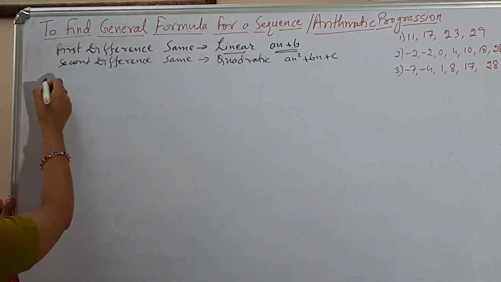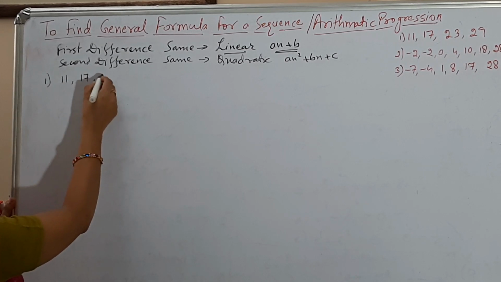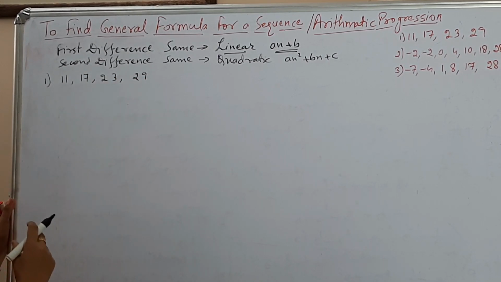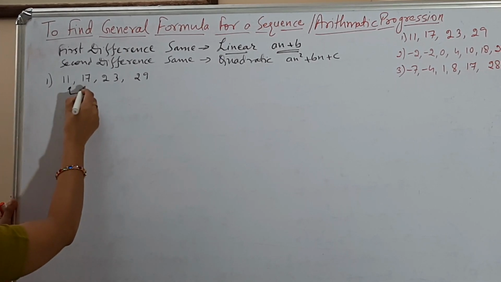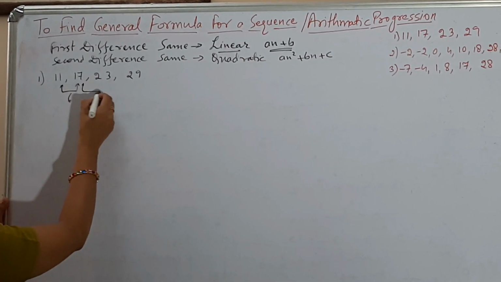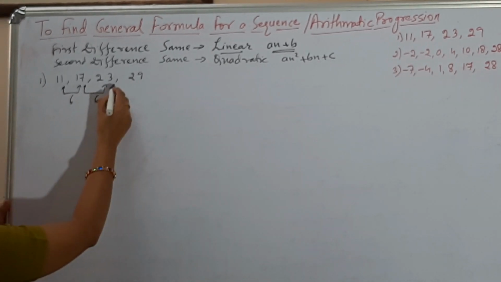I'm taking the first one: 11, 17, 23, 29. So let's see what's the difference between two consecutive terms. 17 minus 11 is 6. Then 23 minus 17, again 6.